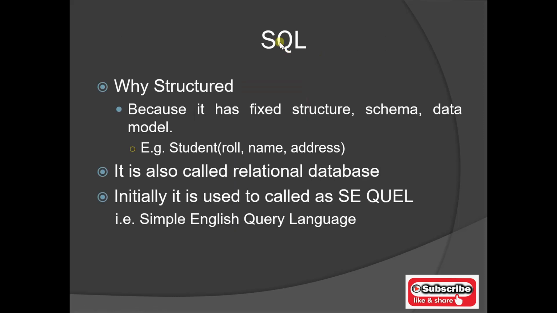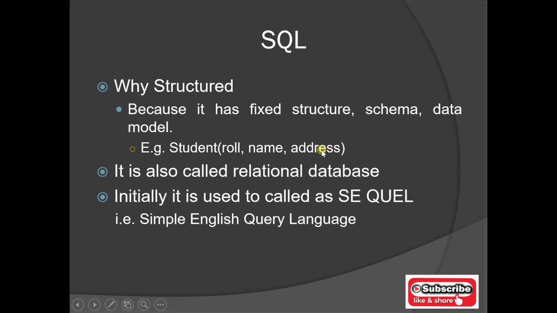So why it is structured? Because it has fixed structure, it has fixed schema, and it has some data model. So I will explain it with example. If we have student table, so student is my table which has three attributes: role, name, address. Before retrieving the data from the student table, we have to create the table, and that table will contain role, name and address.